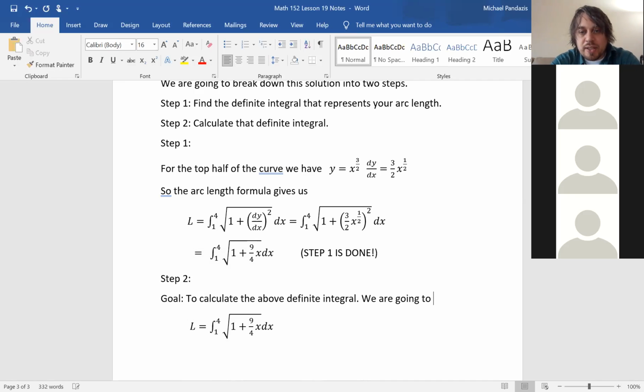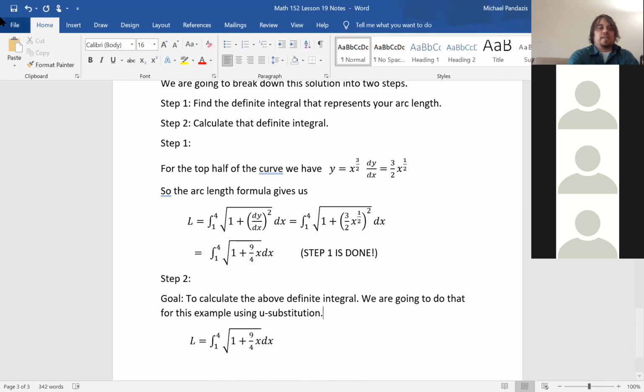We are going to do that for this example using U-substitution. Just like in different integral problems, you would use a different method for each. This is just being broken down to calculating a definite integral. It could involve any method we talked about. This one uses U-substitution.